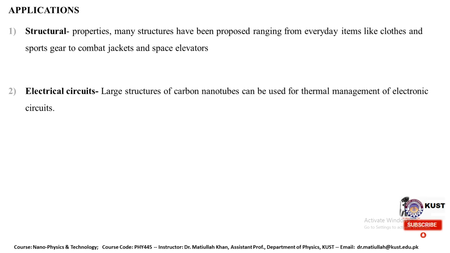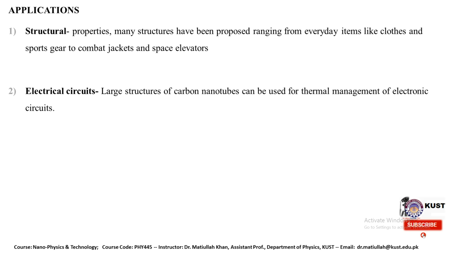The first is structural: it is used in many structures, because many have been proposed, ranging from everyday items like clothes and sports gear to combat jackets and space elevators.